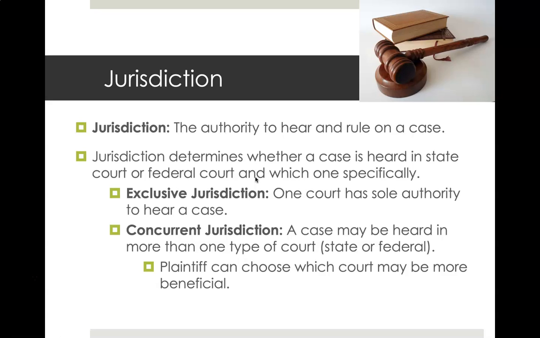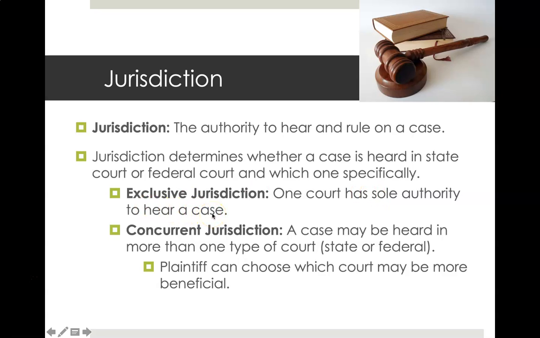and which one specifically. So for example, if you commit a crime in the city of Tuscaloosa, let's say it's something small like robbery, you would go to your local trial court, which would be the courthouse in downtown Tuscaloosa. So exclusive jurisdiction means that one court has the sole authority to hear a case.